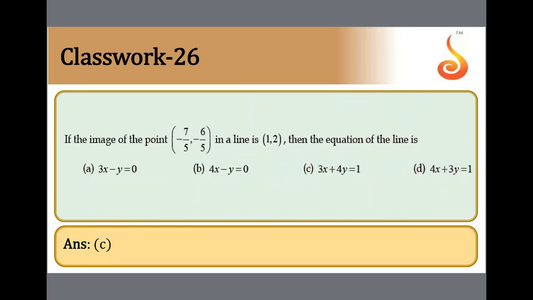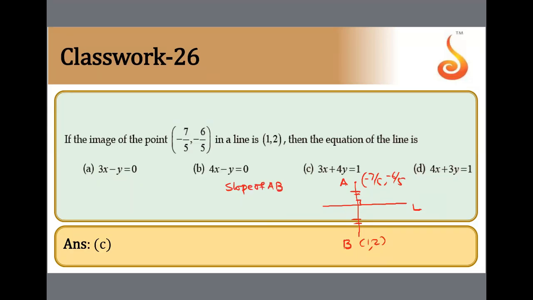The image of this point in the line is (1, 2); we have to find this line's equation. This point is (minus 7 by 5, minus 6 by 5). The image of this point is (1, 2). Image means these two distances are the same and the line is perpendicular. I name them A and B. What is the slope of AB?